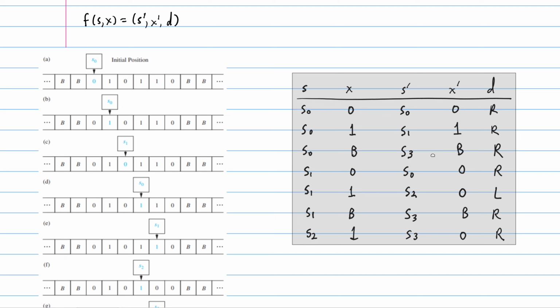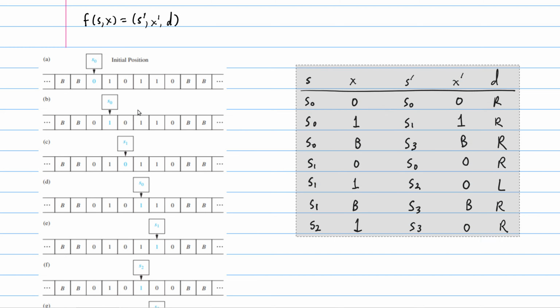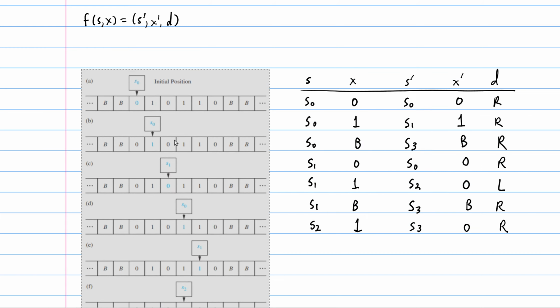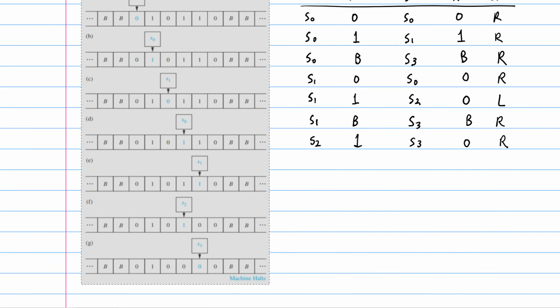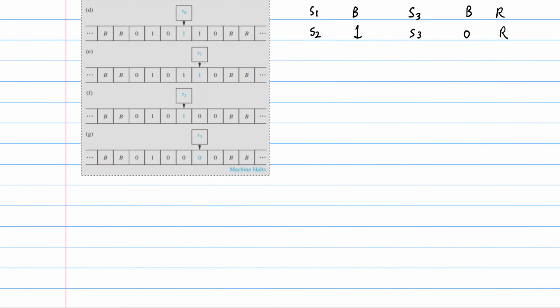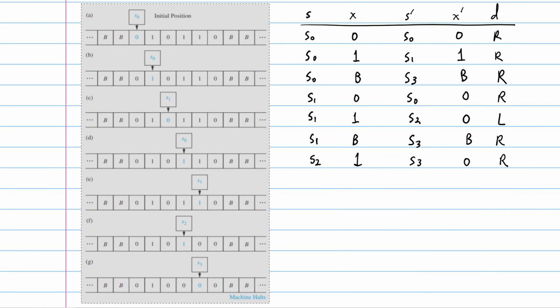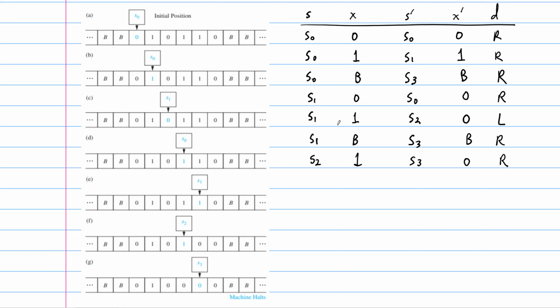So let's move this over here so we can get everything on the same page, and take a look at how this is going to work. All right, so the idea here is that we start with S0, 0. S0 is the initial state. The initial symbol is 0. We plug these into our transition function. What does it tell us to do?